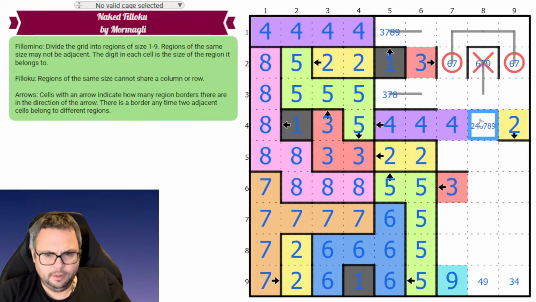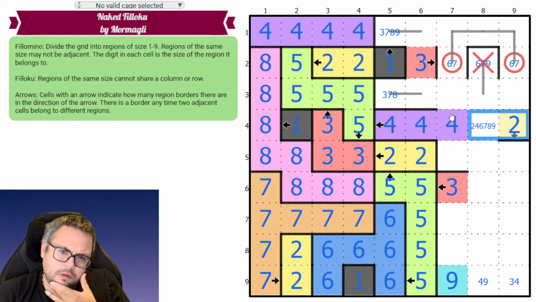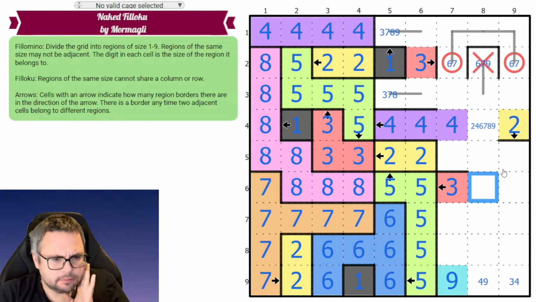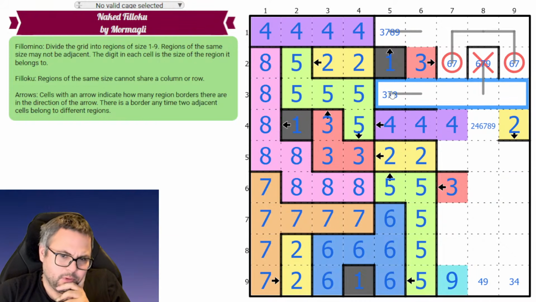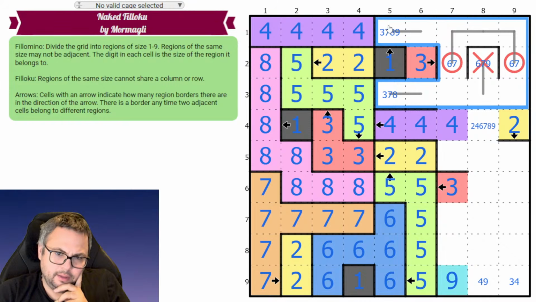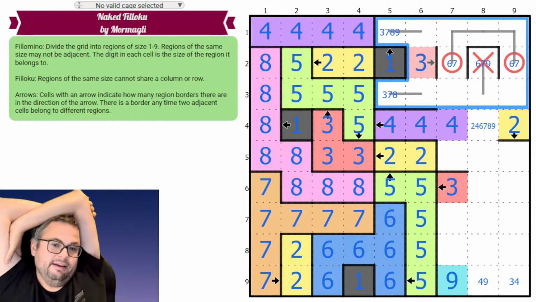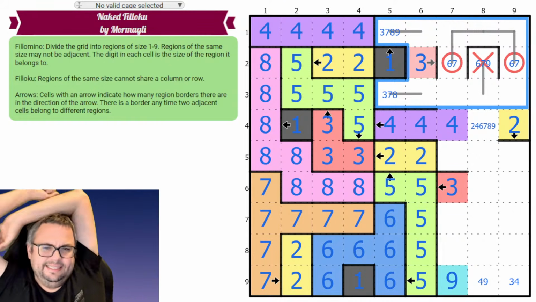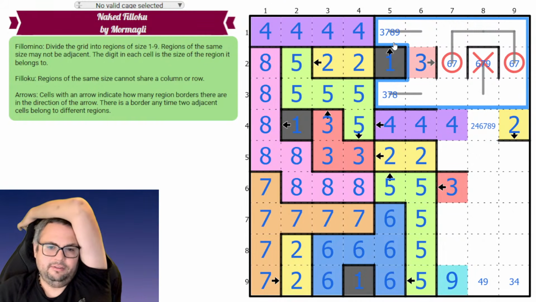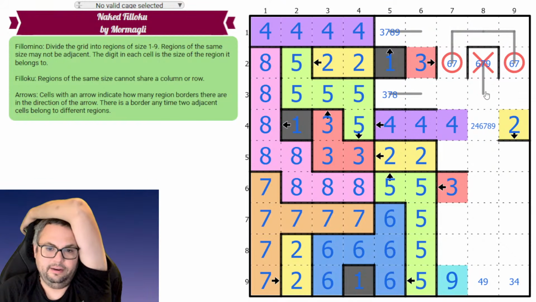I'm not counting anymore. Oh, but you want me to count more? Fine, we can count. We'll count these cells. So this is at least 3, 6, and 7, which is 16. So that means that in total, these need to go down by at least 2 because this is 14 cells I have selected. So this goes at least like that, if I did that math correctly.